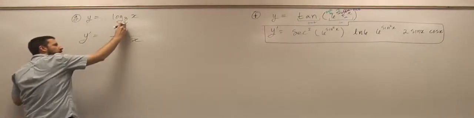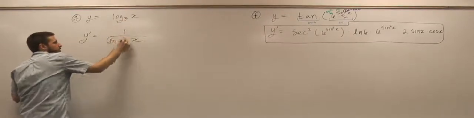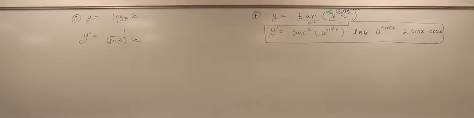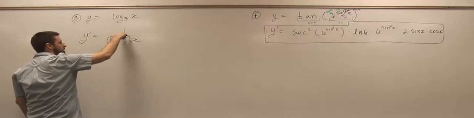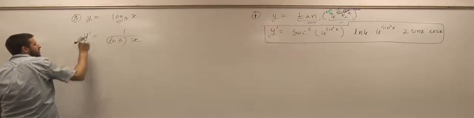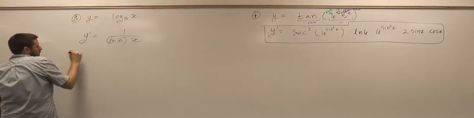But because it's not quite natural log, you need an ln 3 factor on the bottom. So it's almost 1 over x, like natural log is, but you get this ln of the base factor.